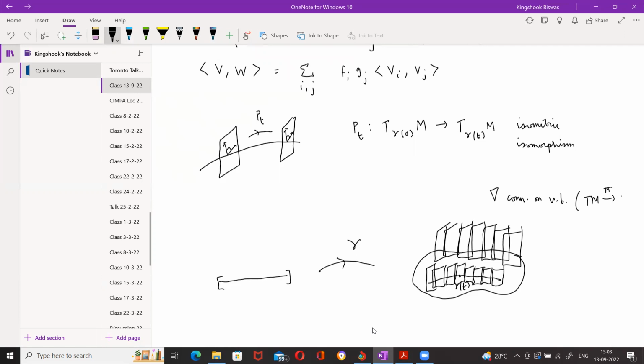So, you see, a connection you can define on any vector bundle over a manifold. It gives a way to differentiate sections of the vector bundle. What is a connection? It's a way to glue together infinitesimally fibers of the vector bundle, to identify infinitesimally close fibers, that allows us to differentiate sections of the vector bundle.